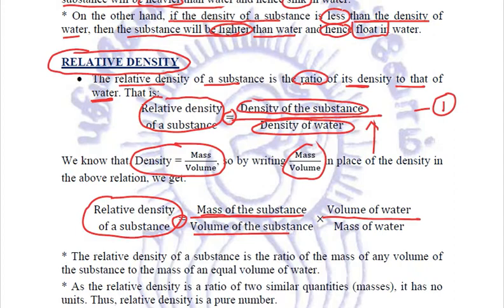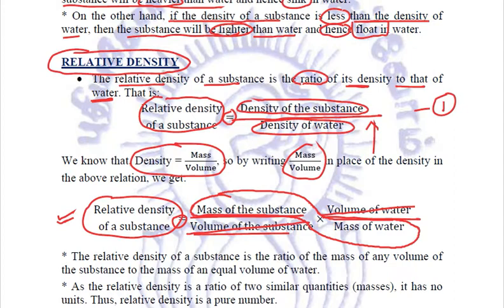Now if the volume of the substance and the volume of water are the same, then relative density can be expressed as the mass of the substance divided by the mass of water. But the condition applied is that their volume should remain fixed.